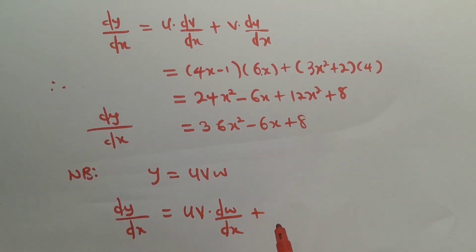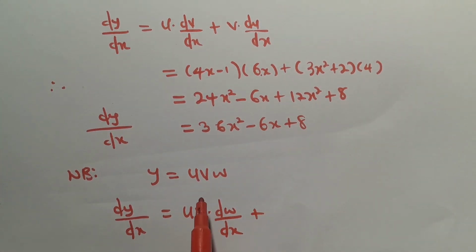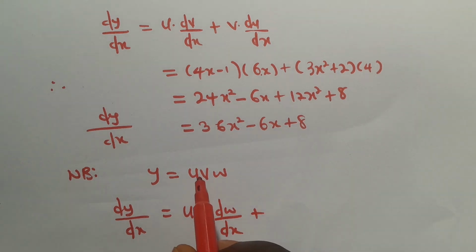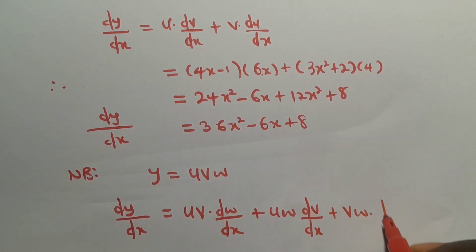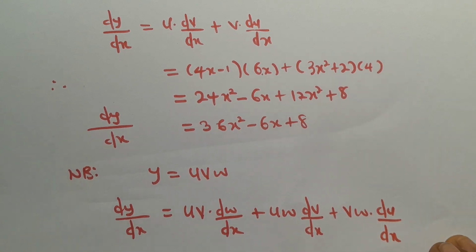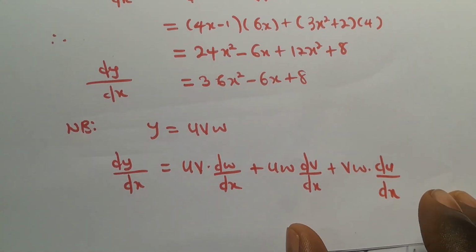By keeping u and w, we differentiate phi with respect to x, u w dphi/dx. By also keeping w and phi, differentiating u with respect to x, we have phi w du/dx.